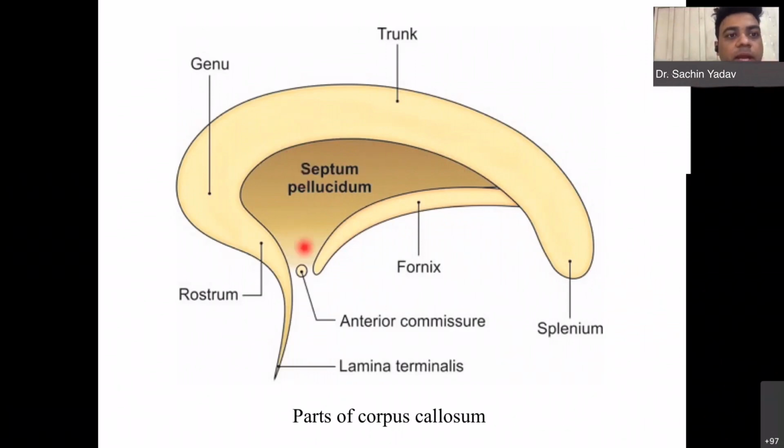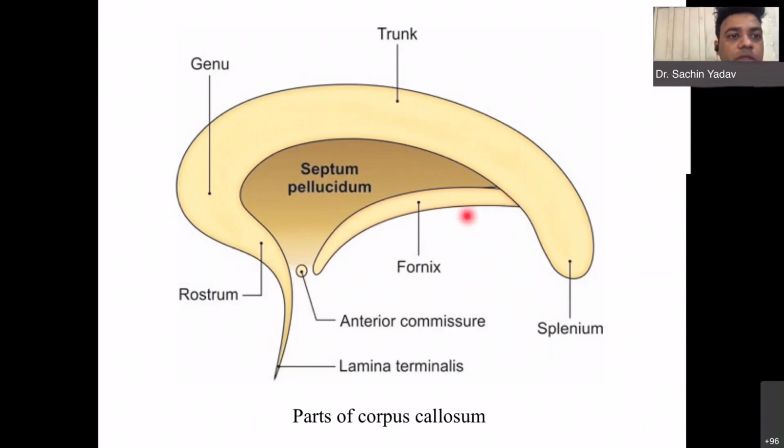Got it? And below the septum pellucidum, you can see the fornix. This fornix is present on the medial upper part of the thalamus here, or the third ventricle. The fornix extends from posterior to anterior from the hippocampal formation. And here, on the tip of the rostrum, posterior to that, there is the anterior commissure, one of the commissural fibers of the brain.